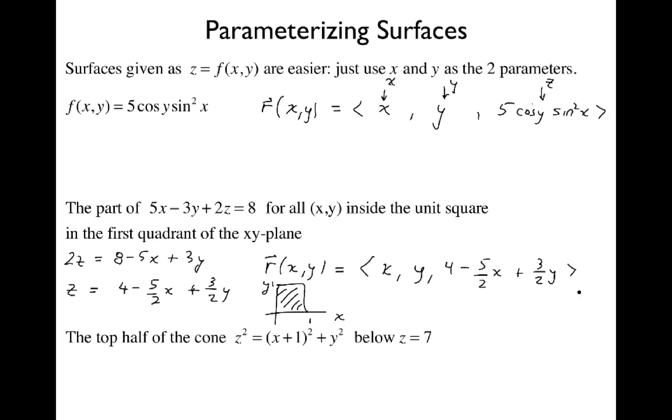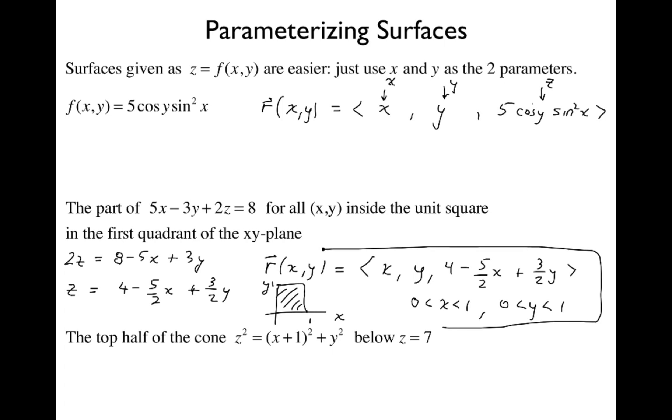So then we'd have to include with this the restriction that x is strictly between 0 and 1, and y. So that would be defining all the points described here on the plane for the xy points in the unit square.